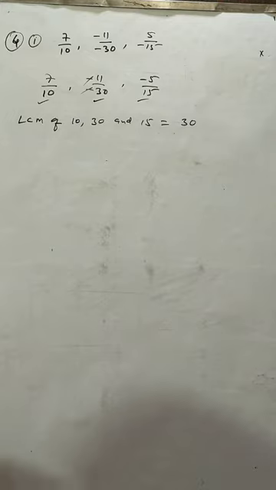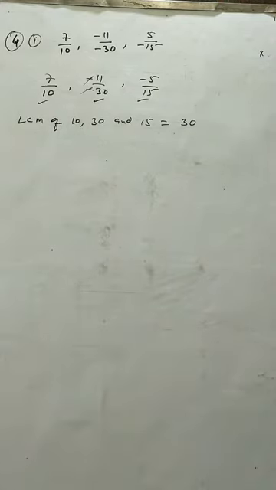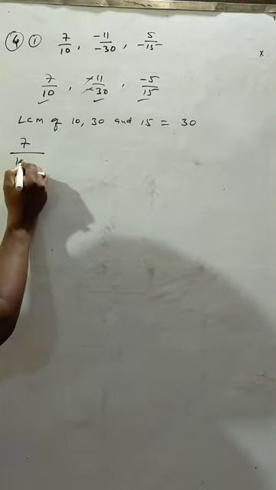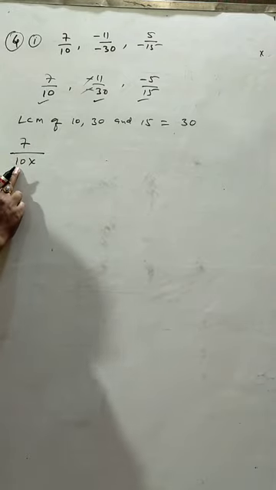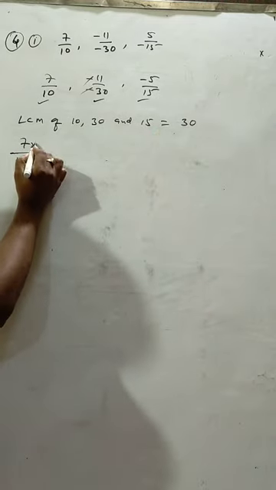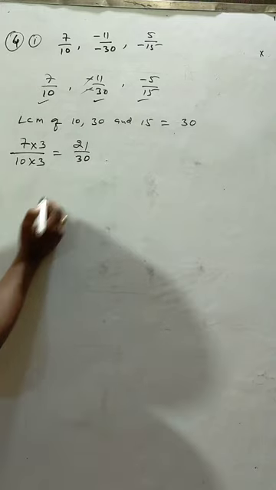The easiest process to arrange is to make all these rational numbers like fractions. For that we have to equalize their denominators. So for 7 by 10, we have to make 10 up to 30, so we will multiply it by 3, and multiply the numerator also by 3. This is 21 by 30.